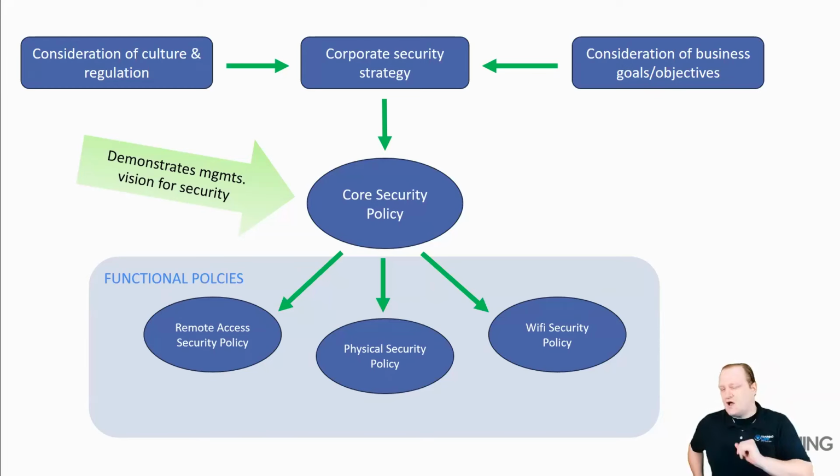The goal of this Wi-Fi security policy is to outline expectations. But then again, that's what's true of all policies. Outline an expectation. So here's an example of a Wi-Fi security policy. Here at Matco, we have at least two Wi-Fi networks.